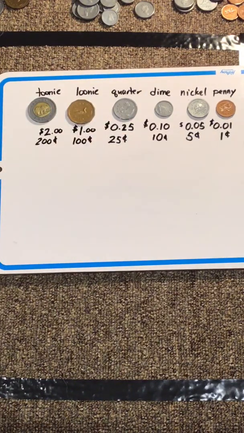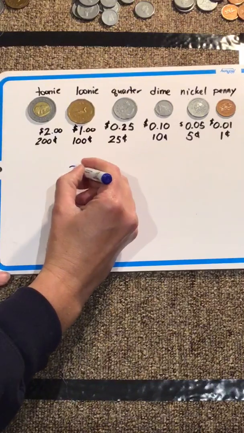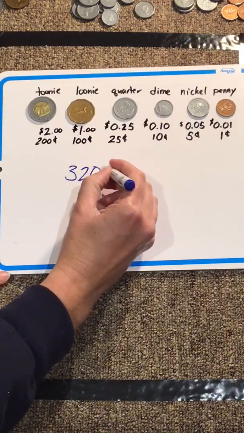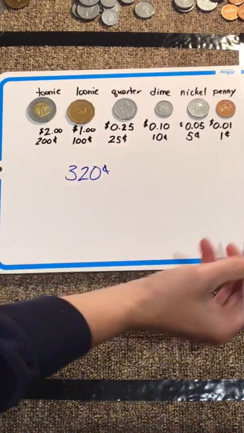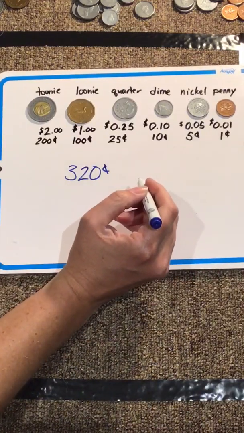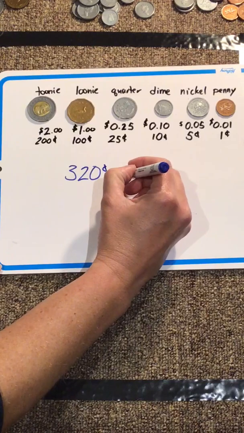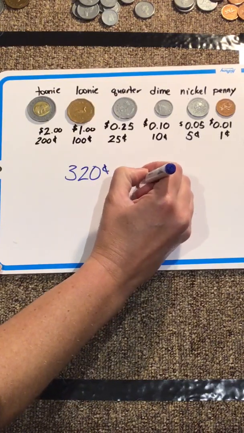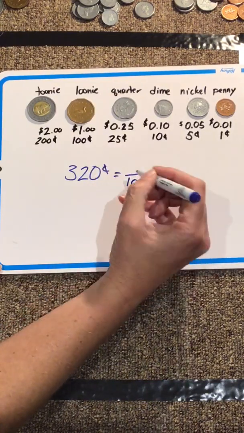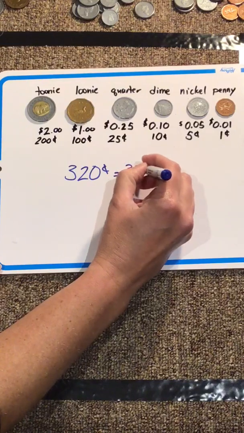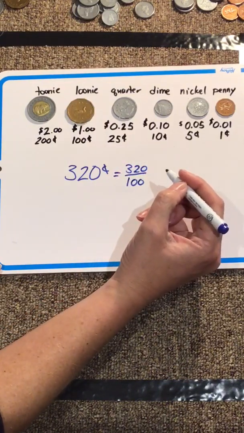Okay? So let's say we found 320 cents. Man, it was a good day checking the couch cushions. Okay, so 320. We know there's 100 cents in $1. So if we put this in fraction form, we would have 320 out of 100.